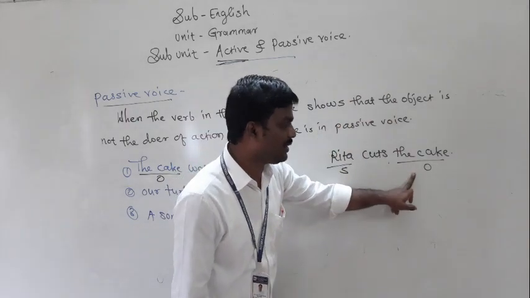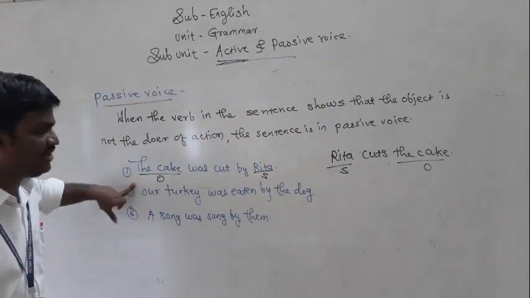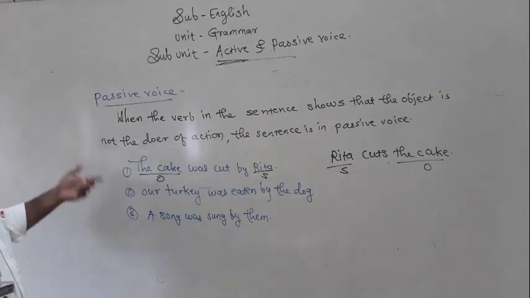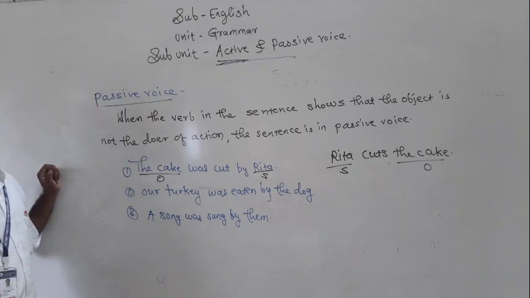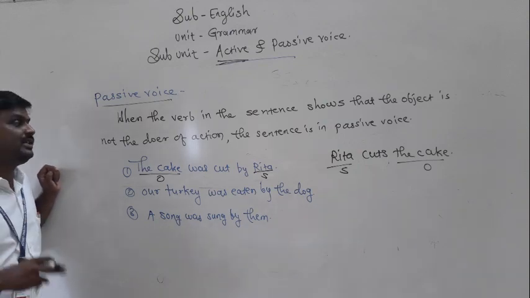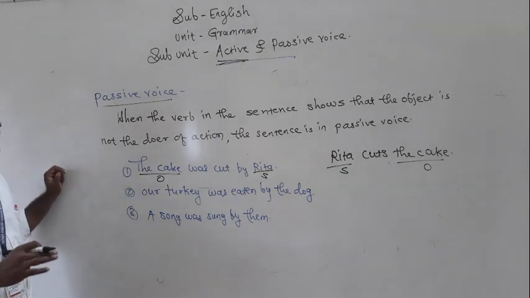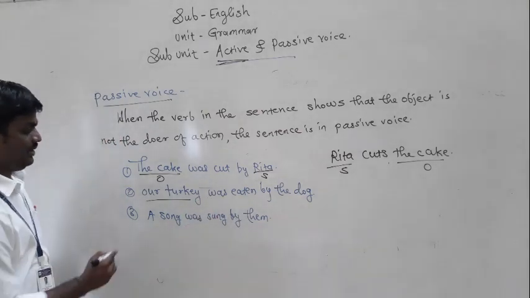It is not the doer of action. Got my point? When the object in the statement is not the doer of action, that statement is called passive voice. The turkey was eaten by the dog.